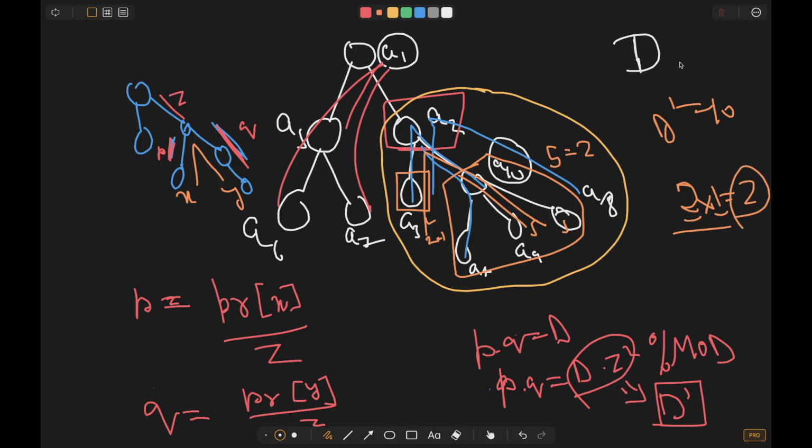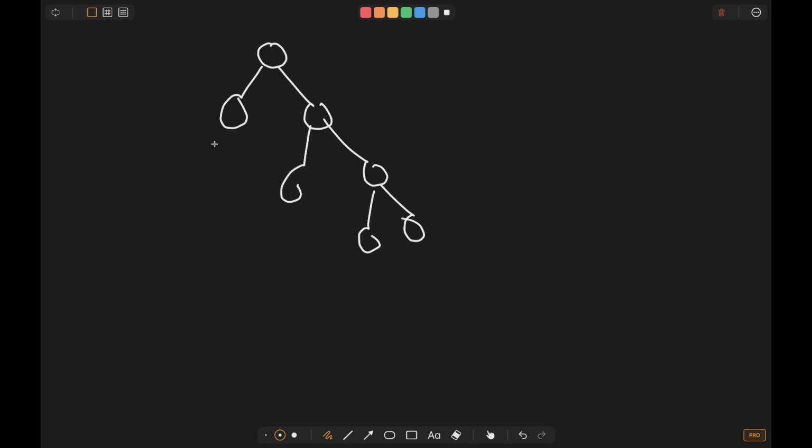And I know this looked horrible, so let me redraw it. Okay, so it was like this. So here we draw it like this. This was like X, and now let's say this value was 2, and this value was 5, and this value was 5.